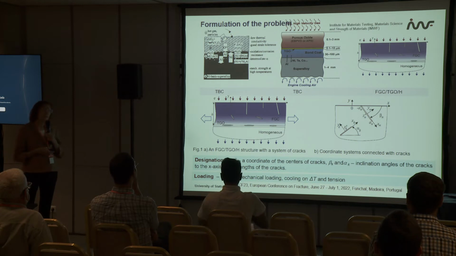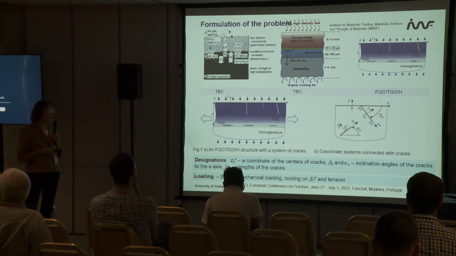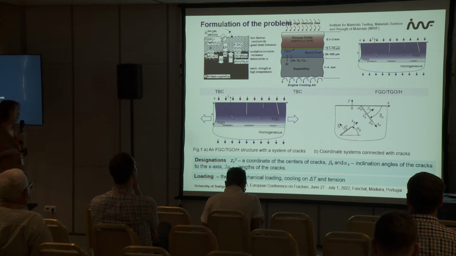They are defined explicitly by the coordinates of their centers and the inclination angles of these cracks to the x-axis, if we consider a coordinate system. The loading is thermomechanical: cooling by delta T, and tension.